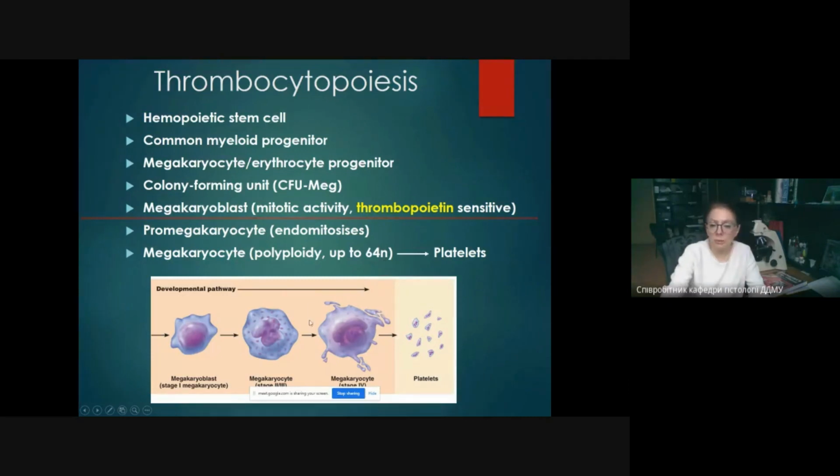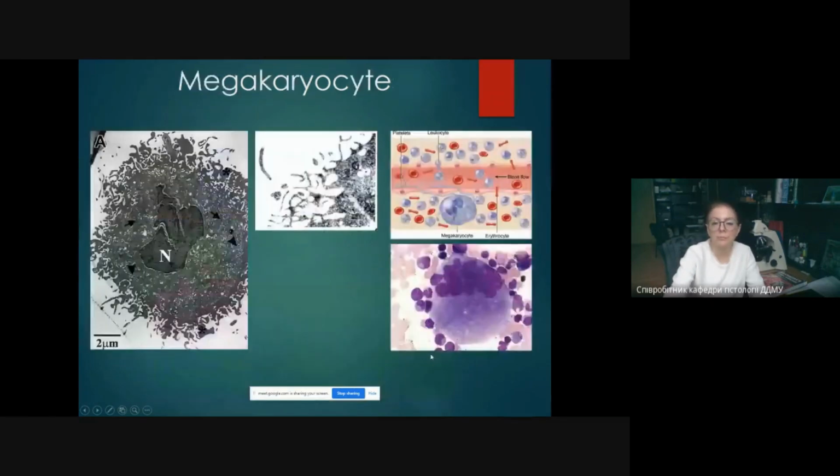And this cell is called megakaryocyte, and tips of its processes are pinched off, giving rise to platelets. So platelets, these are the fragments. And here megakaryocyte is shown with the electron micrograph. We can see its processes based in the bloodstream.